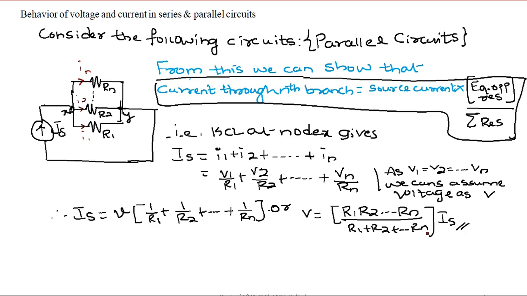So next, similarly, let us look at the behavior of the current in a parallel circuit, as well as the behavior of the voltage. Here I have taken a circuit where we have the main current source, the source current.